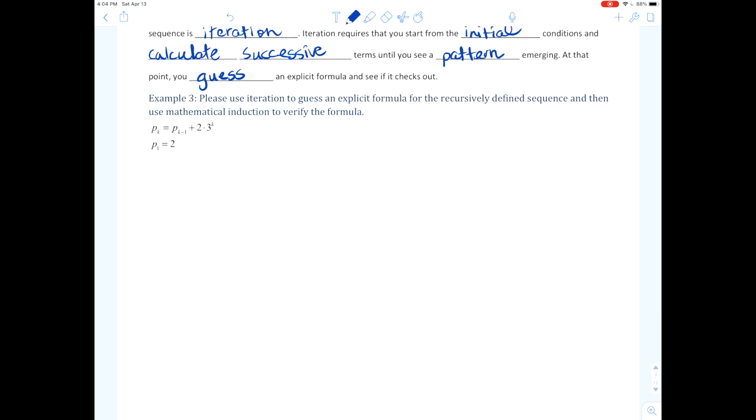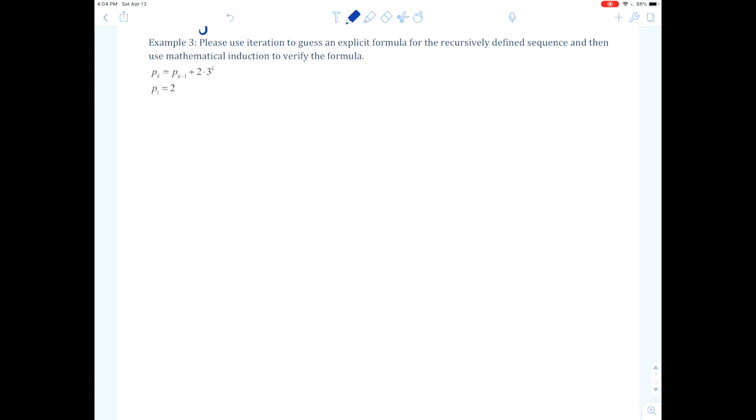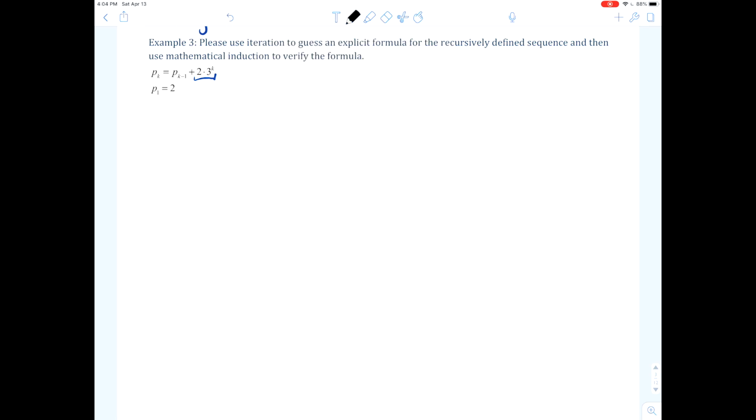All right. So here we go. This one, do you see how we're going to always have 2 times 3 to some power? Okay. So we may want to bring to mind, there was a formula, I think, for geometric stuff. It was a while ago.